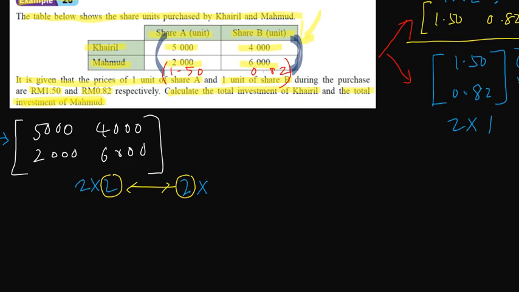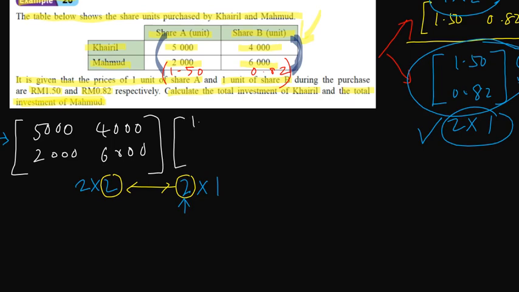So which one do you want to choose? Of course, this one, right? 2 by 1, because this one already has 2 here. Okay, so we choose this one. 150 and 82 cents.